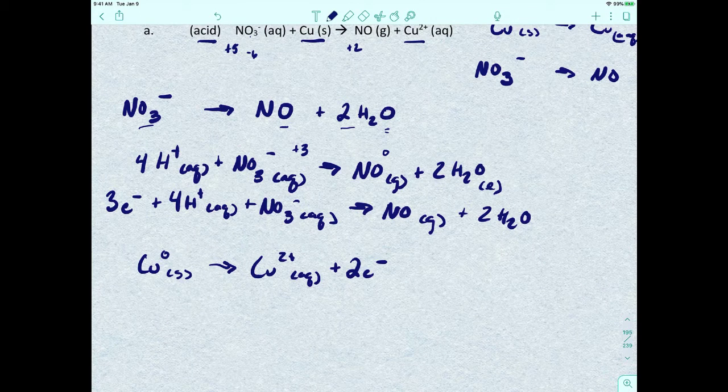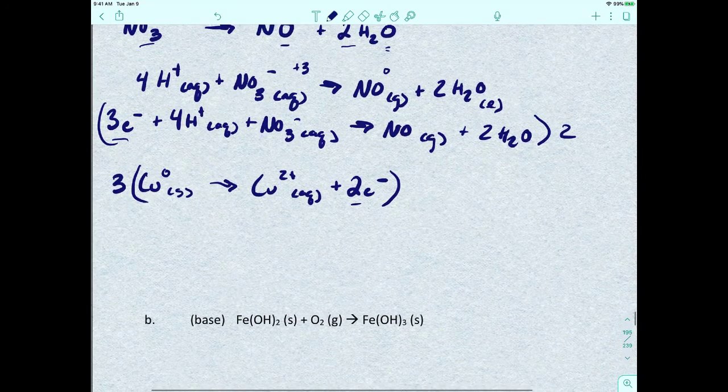The only problem is you've got 3 electrons on one half reaction and 2 electrons on the other. So we're going to have to multiply by suitable factors to get to 6. The only way this can work is if we multiply the copper half reaction by 3, and the nitrate half reaction by 2, and that's going to get us the right amount.